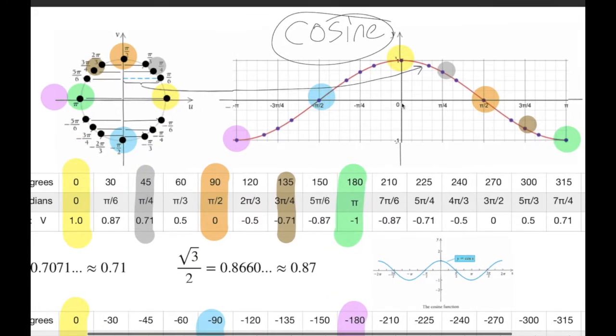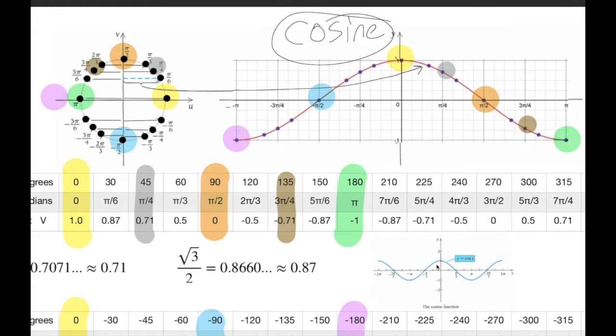So if you had a distance of 0, then the u value is 1, and then you can only go down from there to 0 at pi over 2, down here to say negative 0.71 on the table, which would be this right here in brown, all the way down to a low of -1. The lowest possible y value is the lowest possible u value, which is -1. So the output gets as low as -1.